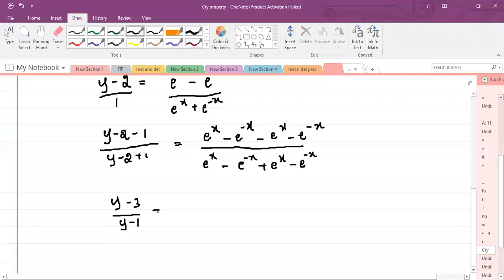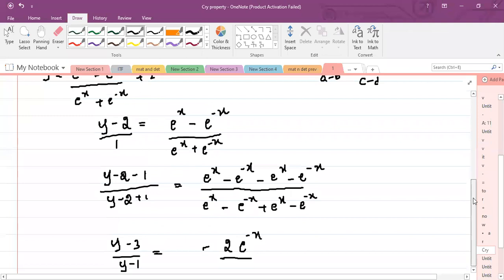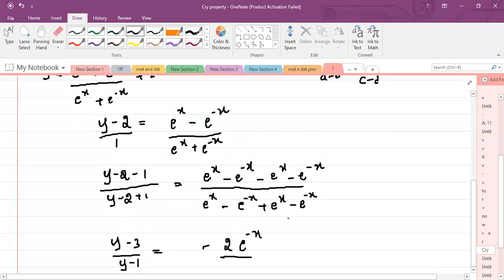Now e raised to x and e raised to x get cancelled. Therefore minus 2 e raised to minus x, because here you have e raised to minus x minus of e raised to minus x, divided by, one second, e raised to x minus of e raised to minus x plus e raised to x plus e raised to minus x.